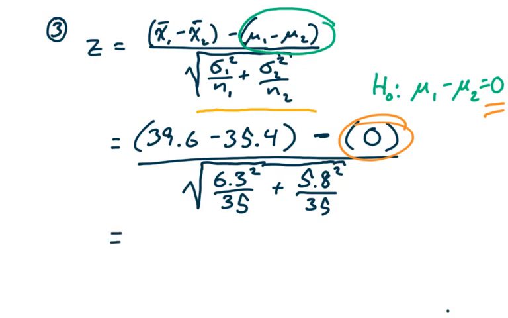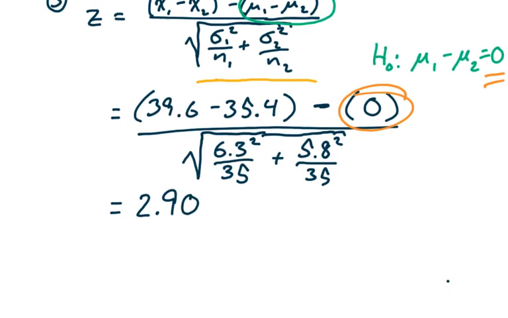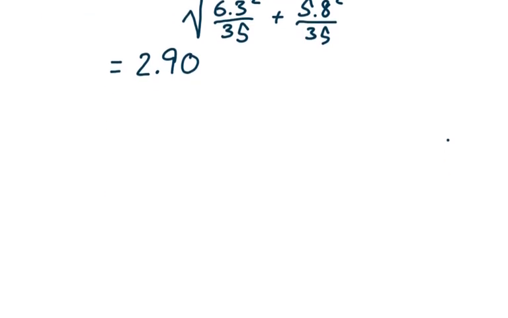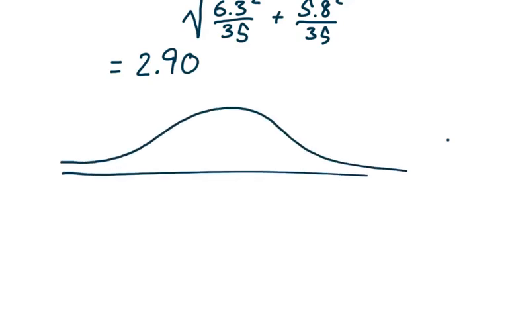And make sure you plug it in correctly, but we'll let the calculator finish this one off. It's 2.90. And then just going back to the sketch, I didn't want to flip the page back, but I'll just recreate it. That was plus or minus 1.96.